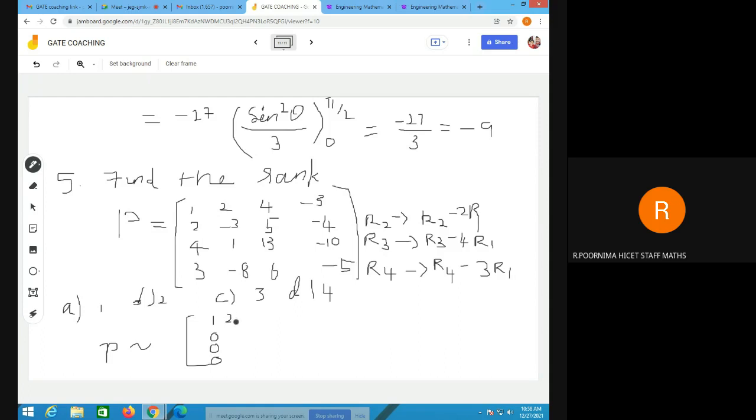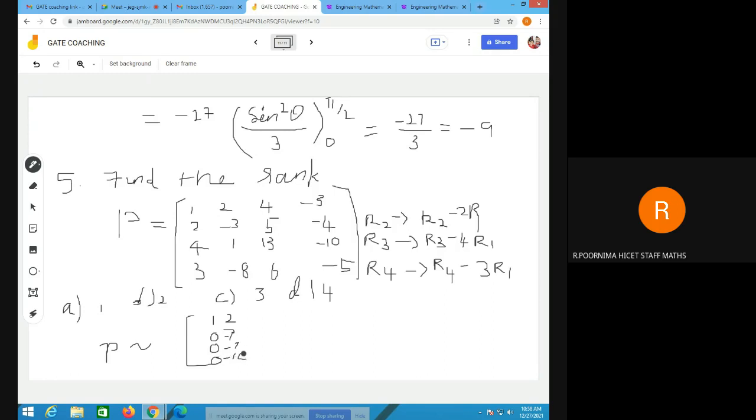Next, R2 minus 2R1. So minus 3 minus 2 into 2, it becomes minus 3 minus 4, so minus 7. Next, 1 minus 2 into this, so it becomes minus 7. Next becomes minus 14.